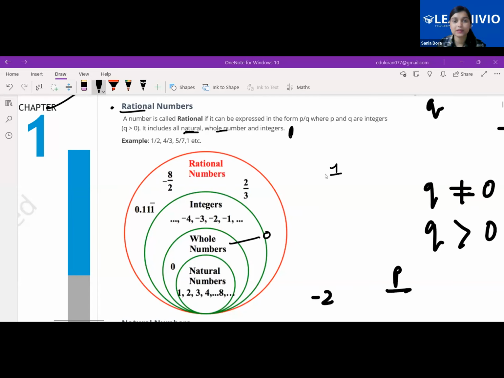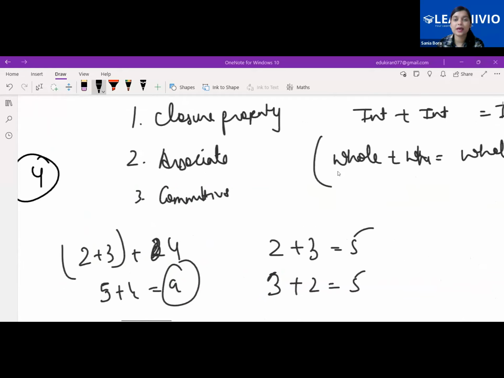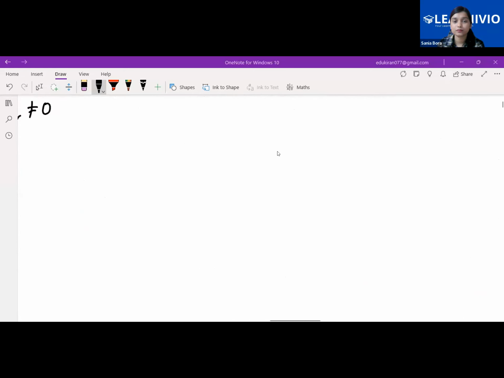For example, 3. 3 is a whole number as well. 3 is an integer as well. And 3 is a natural number as well. So is this a rational number as well? Abdullah, what do you say?